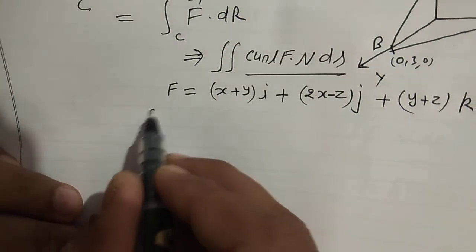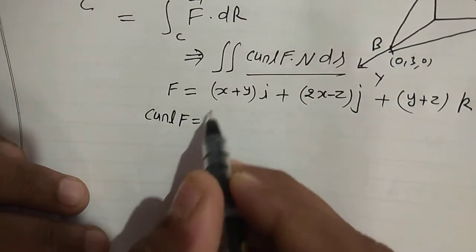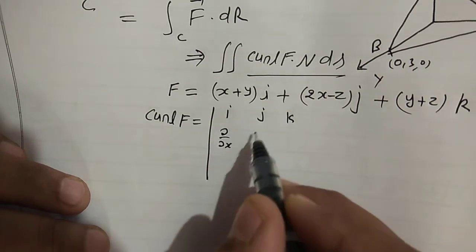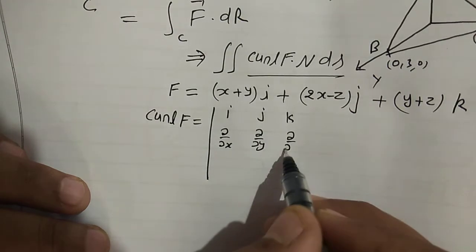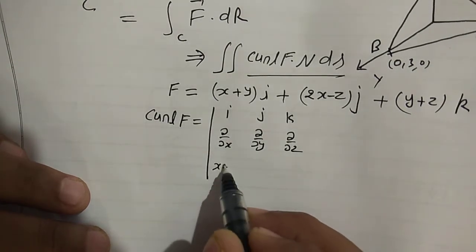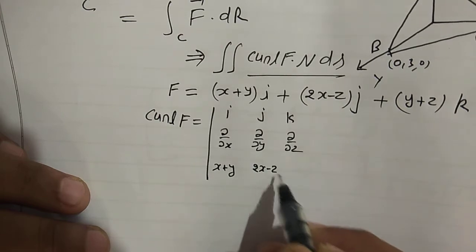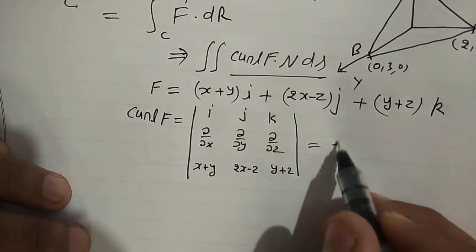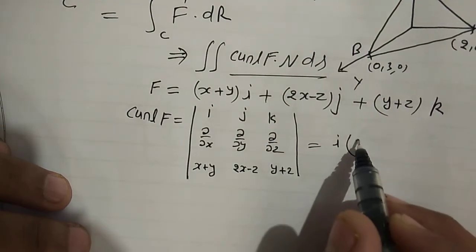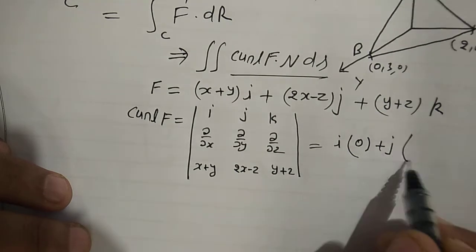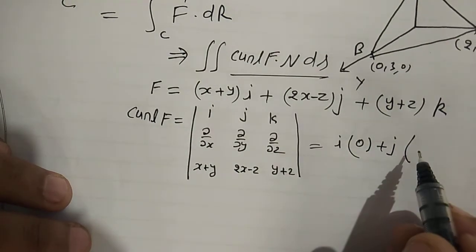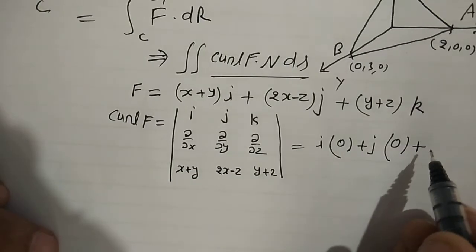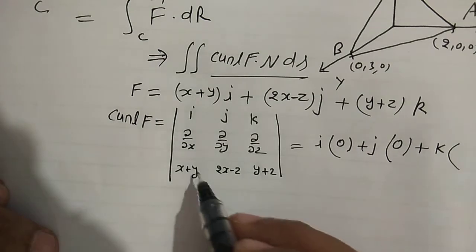So let us find out curl of F first. Curl of F means the determinant of i, j, k; del by del x, del by del y, del by del z; and x plus y, 2x minus z, y plus z. If you solve this, we get i into 2, j into 0, plus k into 2 minus 1.